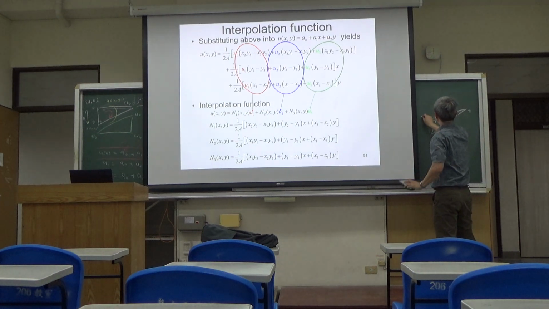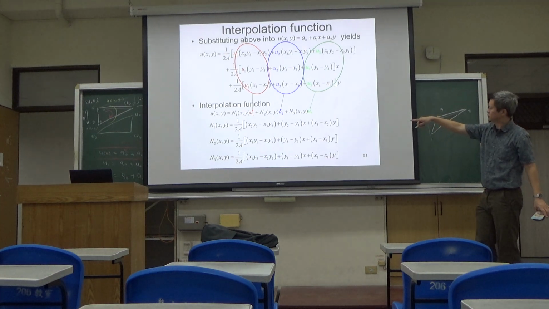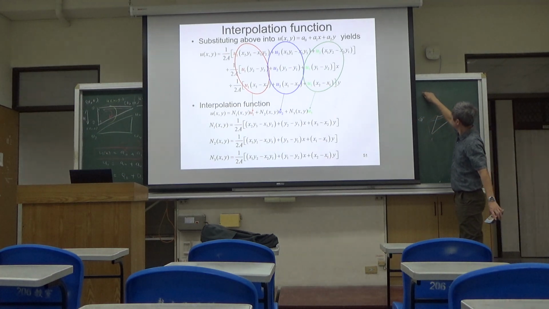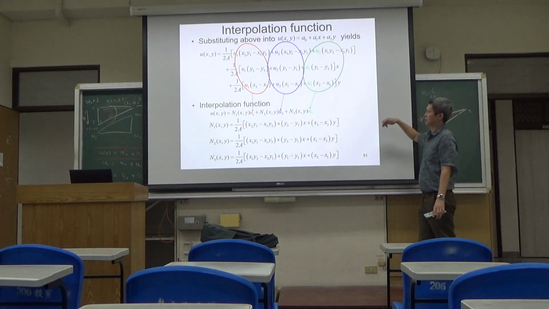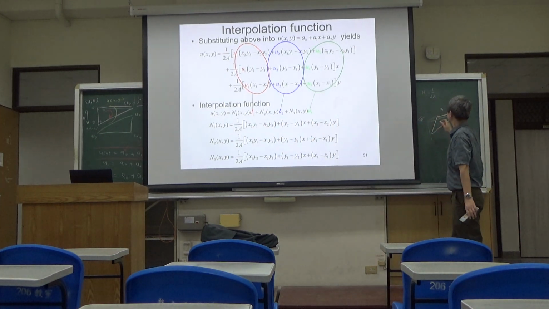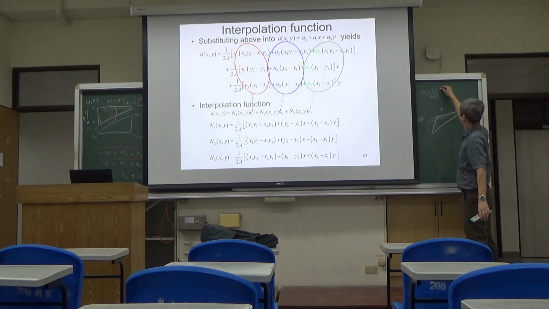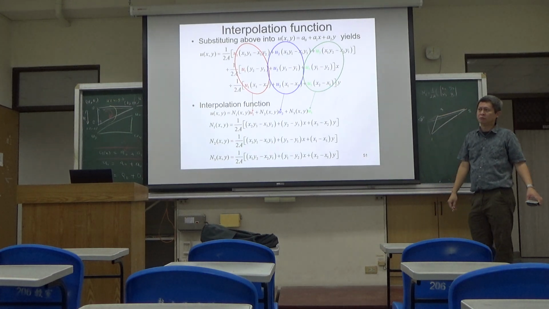Looking from this, how do you write your shape function? Your shape function 1 is 1 over 2A times a constant, and this constant is x2, y3, and then x3, y2. You see this?